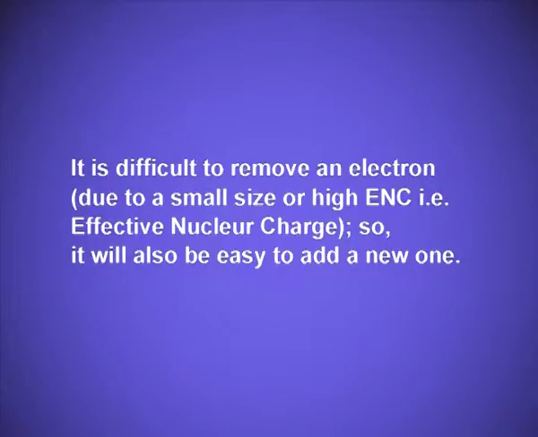Same is the case with oxygen and the sulfur lying just below it. It is difficult to remove an electron due to a small size or high effective nuclear charge, so it will also be easy to add a new one.